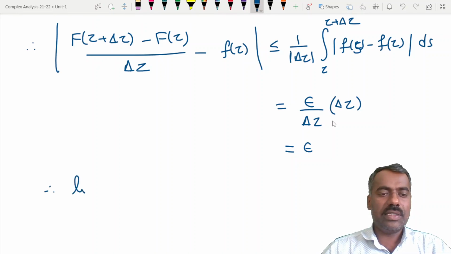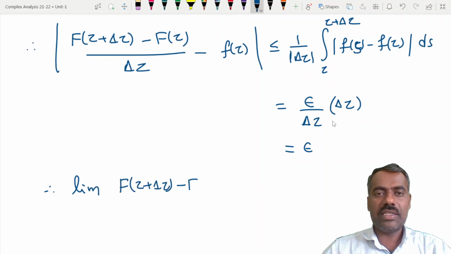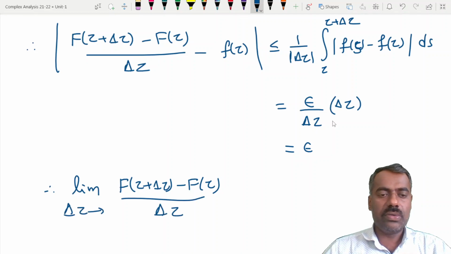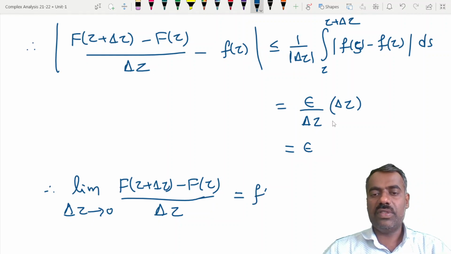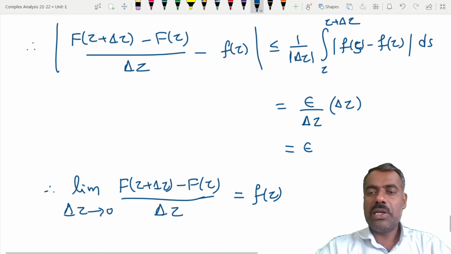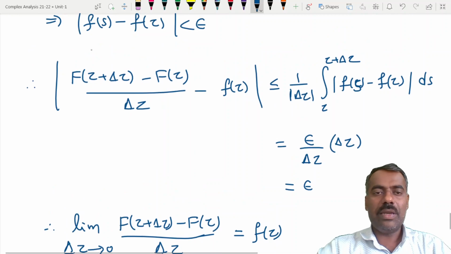That means, therefore, the limit of f of z plus delta z minus f of z upon delta z as delta z tends to 0 is equal to this value, f of z. Where epsilon is arbitrary, so by taking epsilon as small as possible, we can make this equal to the limit as delta z tends to 0.